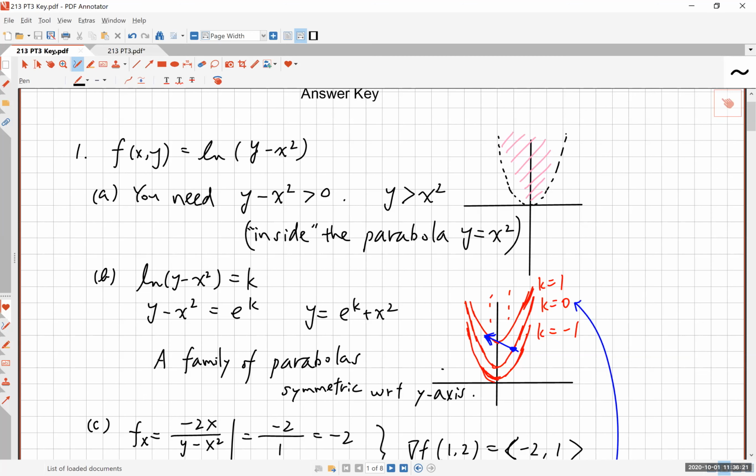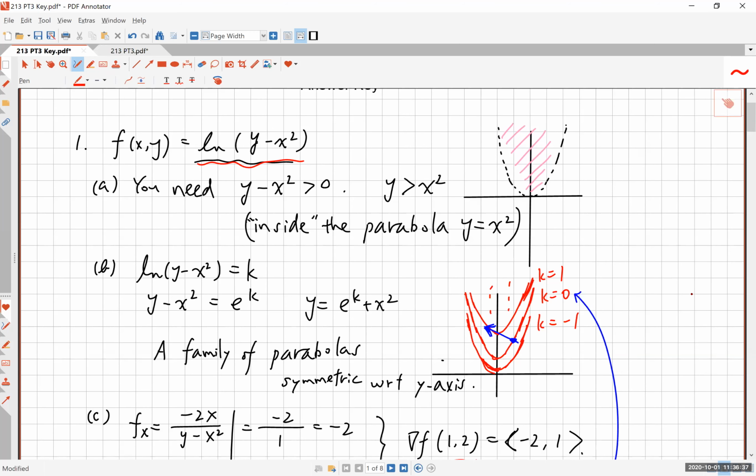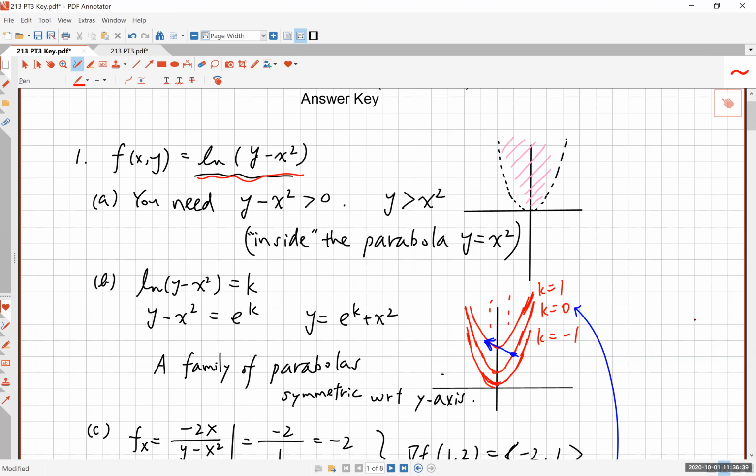Okay, number 1 was about this problem, right? Here, let me just use red here. The function given is the natural log, or ln, of y minus x squared. All right, what's the domain? Well, the domain is the natural domain, which means at every point x, y at which this makes sense.